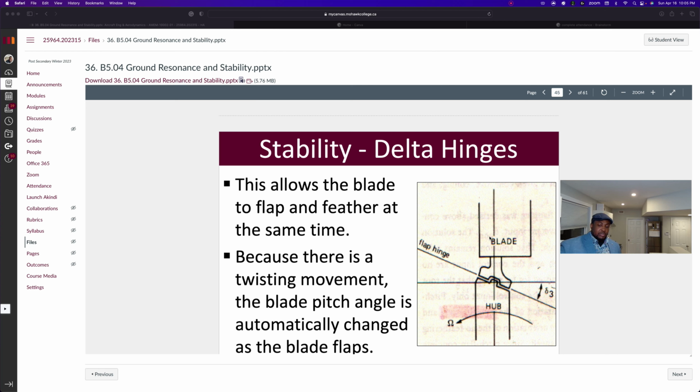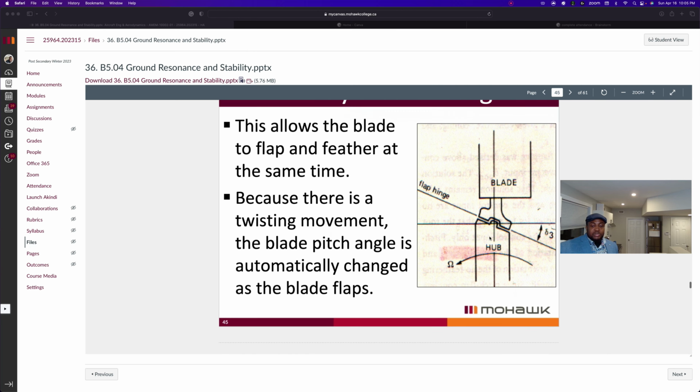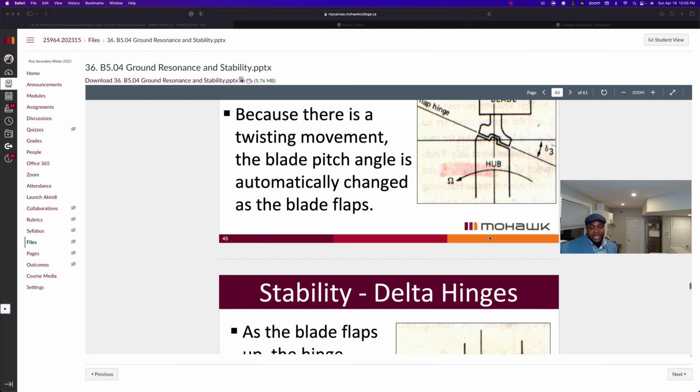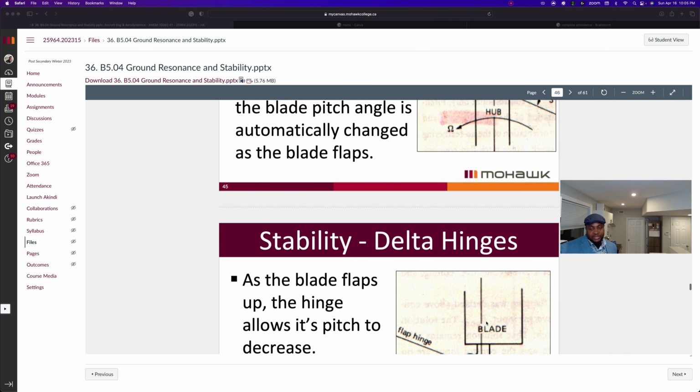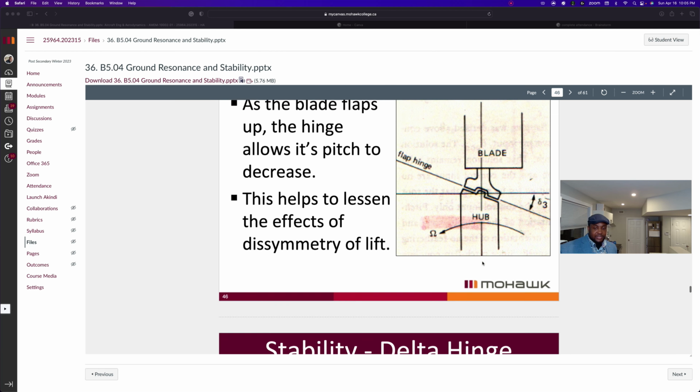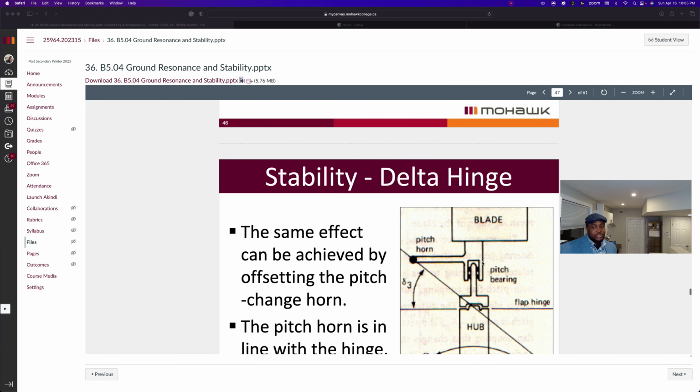Because there is no twisting motion, the blade pitch angle is automatically changed as the blade flaps up and down. This is the effect of having a flapping hinge. This helps to lessen the effect of dissymmetry of lift, which we already discussed as blade flapping.